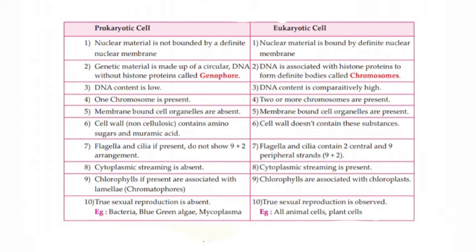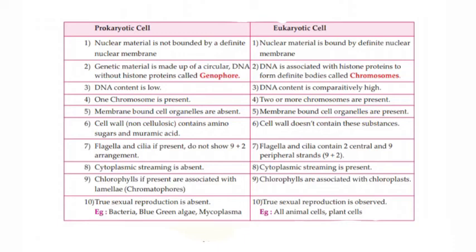In prokaryotic cells, membrane-bound cell organelles are absent. But in eukaryotic cells, membrane-bound cell organelles are present. In prokaryotic cells, the cell wall is non-cellulosic and contains amino sugars and muramic acid. But the eukaryotic cell wall doesn't contain these substances.